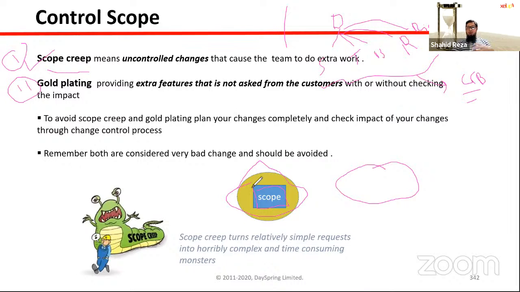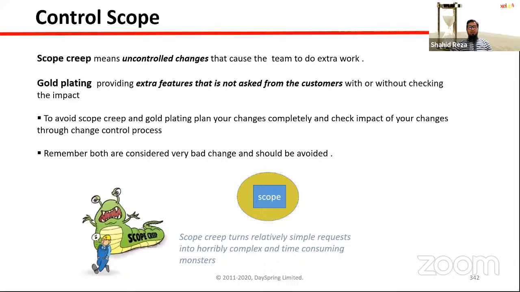You are doing it by yourself. That is gold plating. These two things, scope creeping and gold plating, are bad, and you should always try to avoid them. Otherwise, you cannot meet the project goal, objective, budget and time.